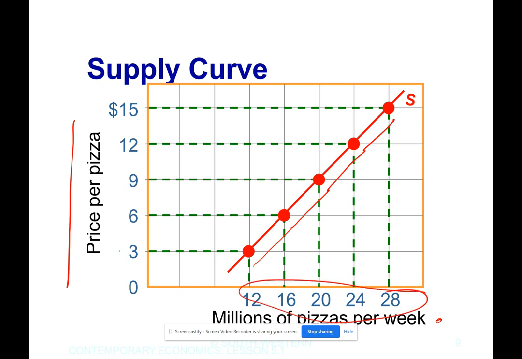So when pizza went from $3 to $9, we saw a production increase of 8 million. Right here, we saw that when the price of pizza rose $6, it also increased in supply. It was supplied more.